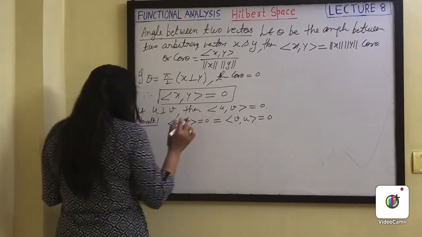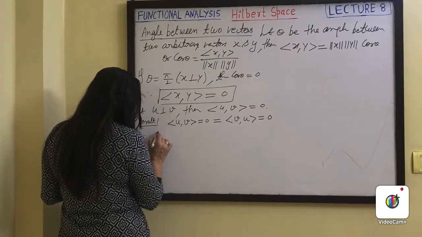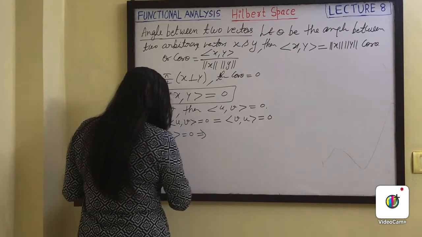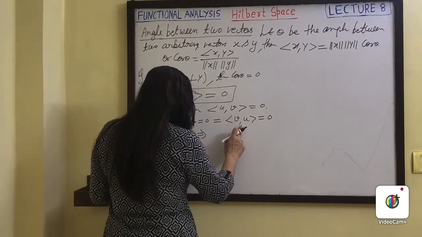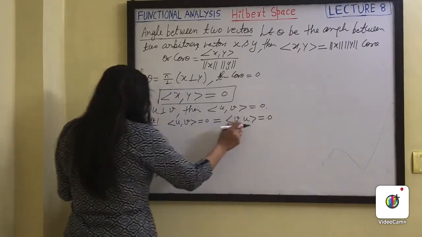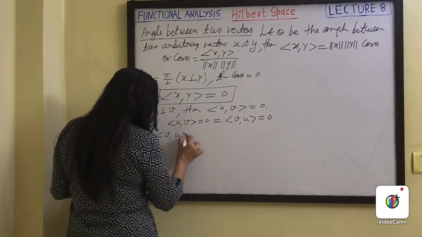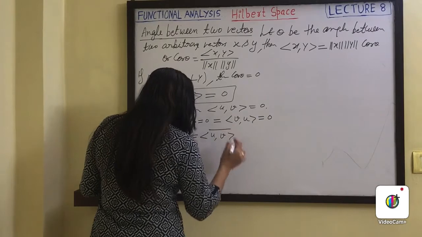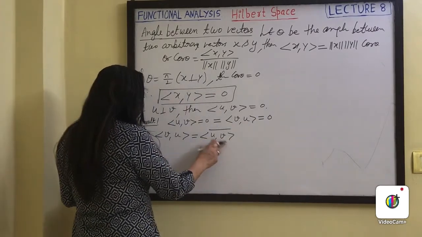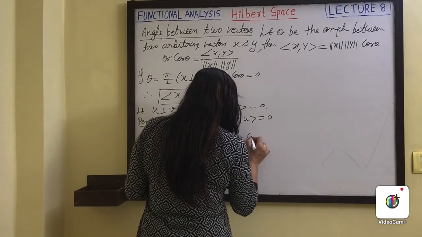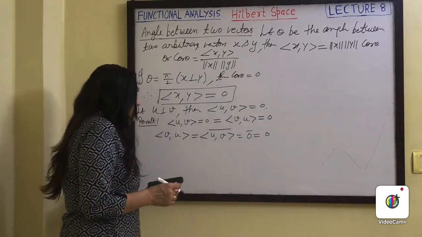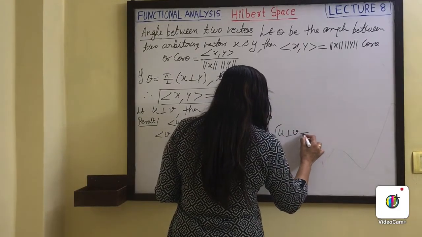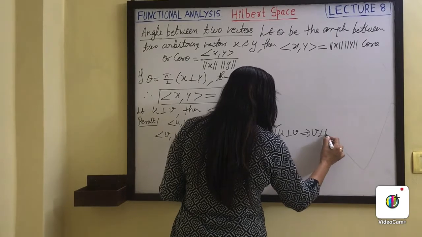So now let's prove. We start from here. V comma u is equal to the complex conjugate of u v, and inner product of u v is 0. So it is 0 bar, or it is 0. So proved. U is perpendicular to v implies v is perpendicular to u.